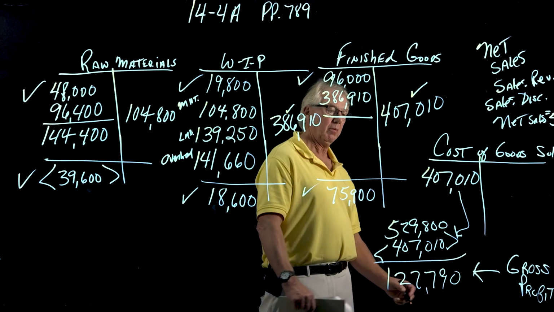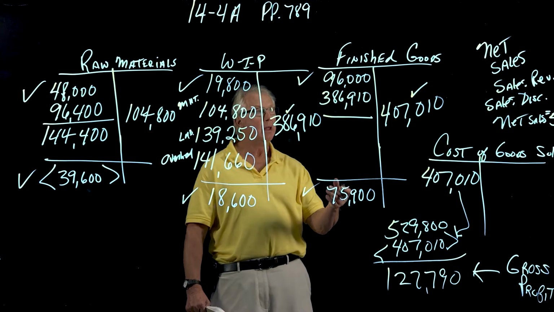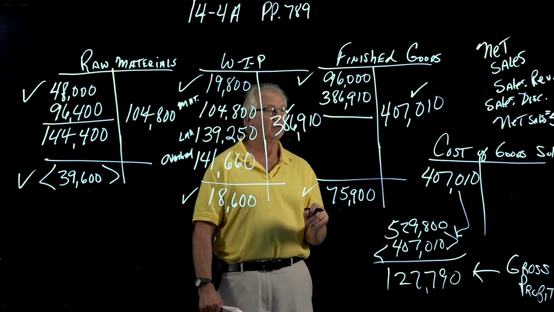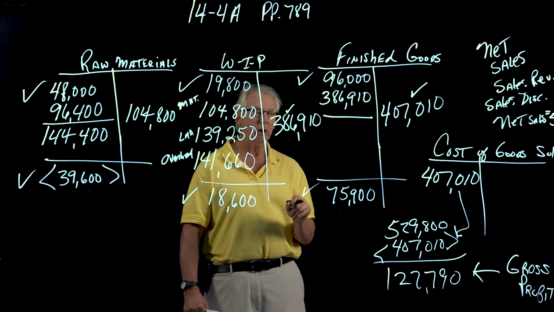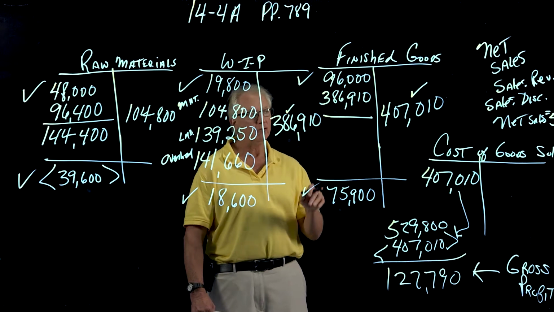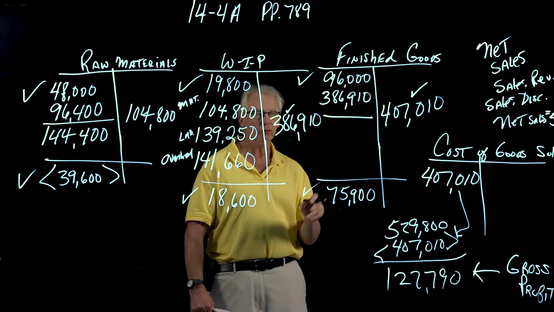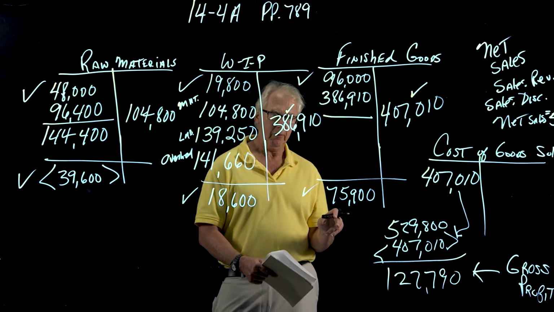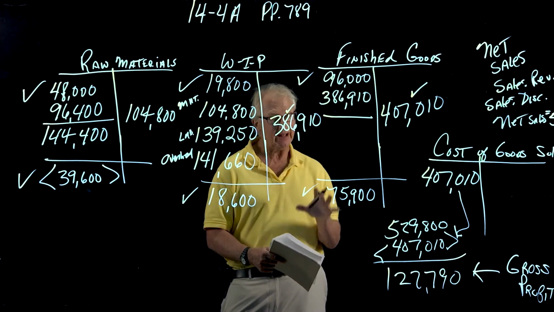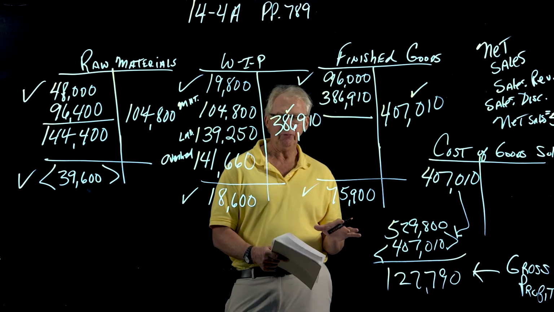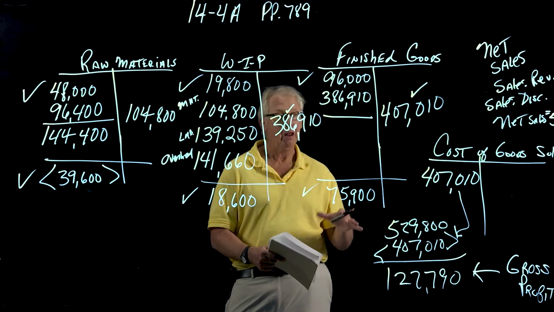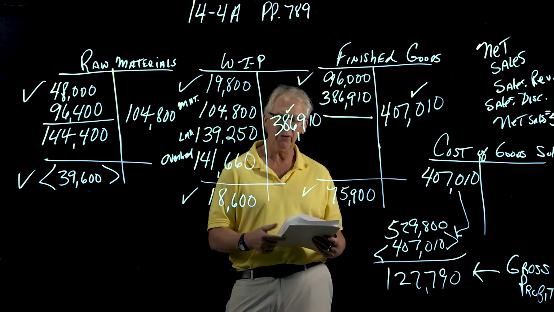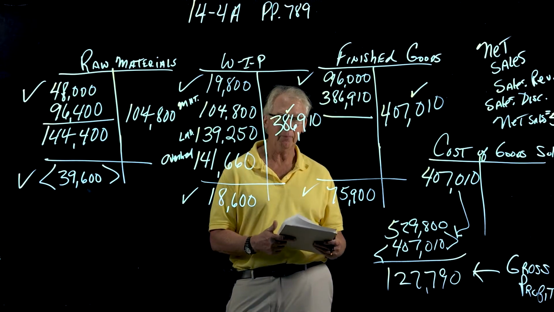So again, we have to get to net sales. Once we get to net sales, we've got our cost of goods sold number already calculated. So all we have to do is subtract cost of goods sold from net sales, and we get our gross profit number. And that's the partial income statement that the problem's asking for. Most of the time on the test, you're just going to have to go down to gross profit.